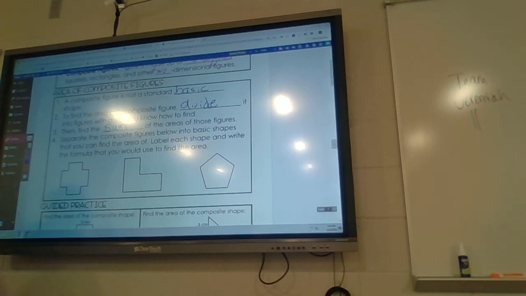Yes, ma'am. Can you say the first question again? Which one? This one here? A composite figure is not a standard basic shape. Is that what you're talking about? It's not a standard basic shape.